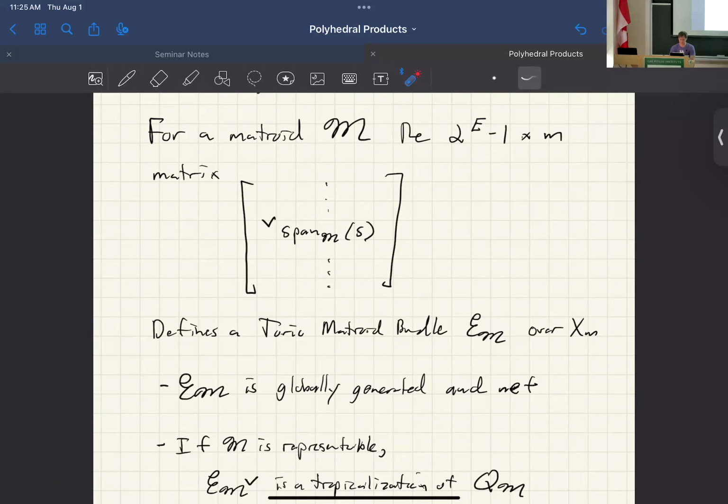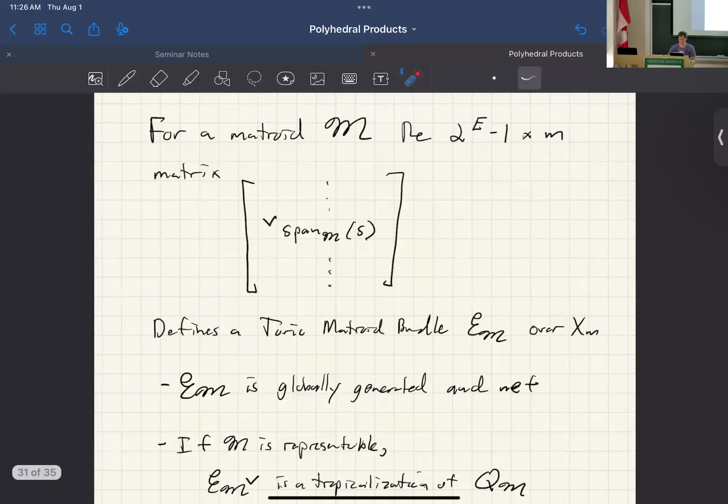So it should be thought of as a diagram for the permutahedral fan. So what you do is on the row of this matrix that corresponds to a subset S, you put the indicator vector of the M span of S. So you take the span of S in the matroid, and you get a bigger set, you put the indicator vector of that set in for that row.